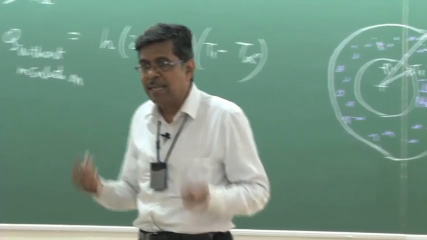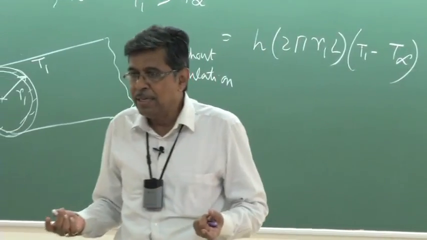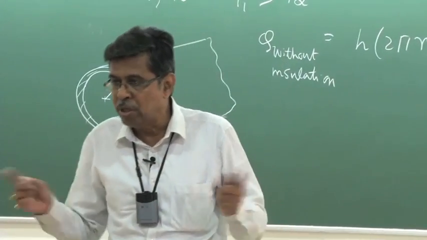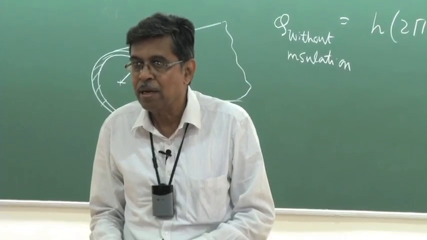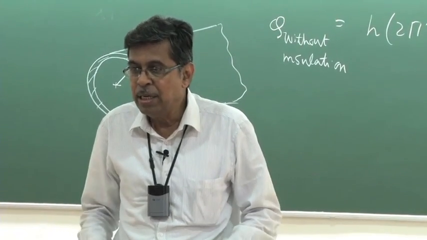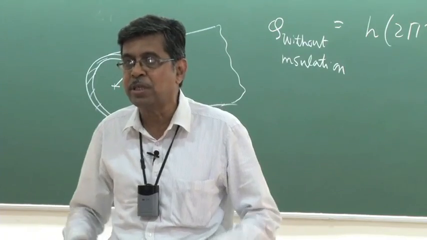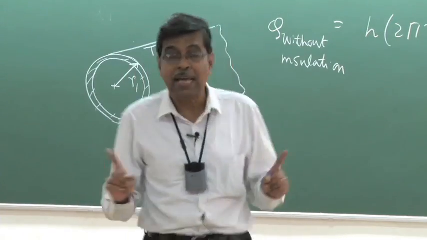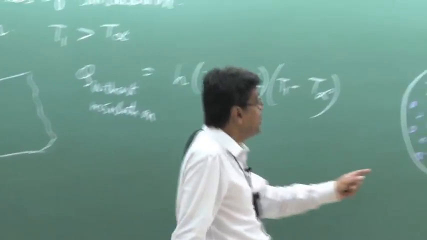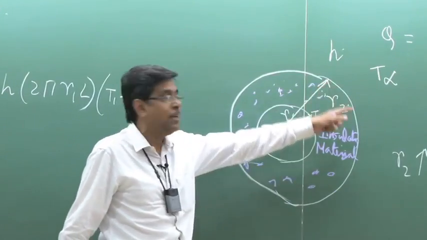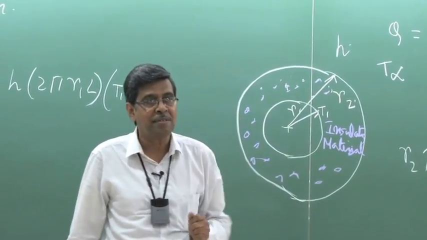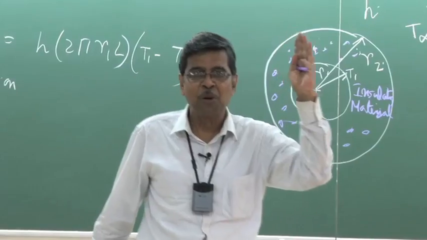That means there are two countering parameters. With increasing R, one way we are increasing the conduction resistance, which will reduce the heat transfer, but on the other way it decreases the convection resistance, which increases the heat transfer. That is to be physically realized. As we go on increasing this R, the surface area is going to increase. It doesn't happen on a plane wall.